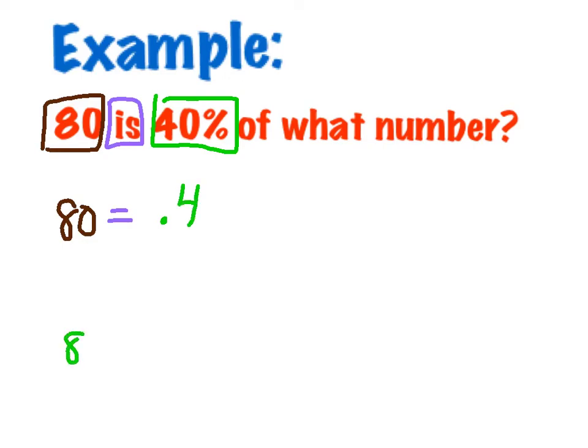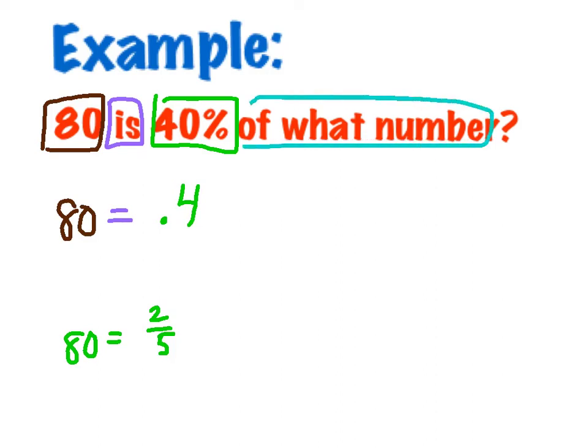So once again, I'm going to set up the same thing below, and I'll show you both as a fraction and as a decimal. And then I'm left with of what number? So I'm going to multiply it by basically x. So in our first example here, using the decimal, in order to get the x by itself, I'm going to need to divide both sides by 0.4.